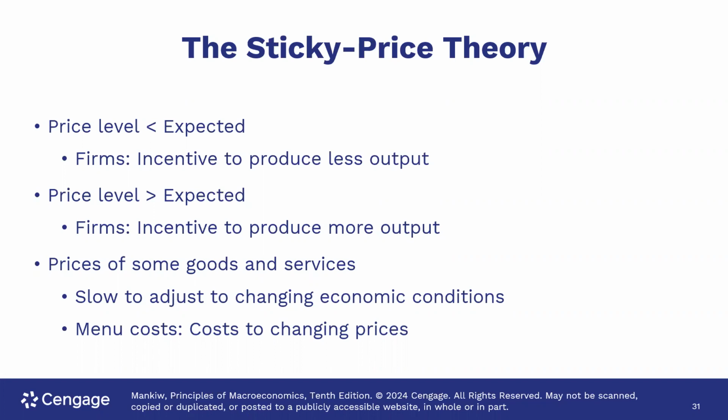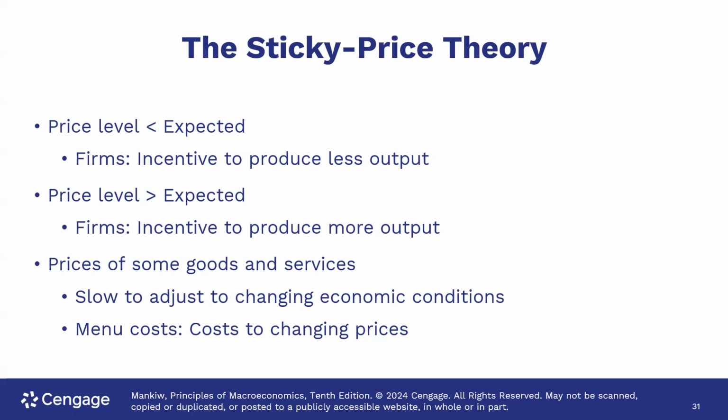When the overall price level becomes higher, then for those firms that cannot change price, their product becomes cheaper, and then it means a higher demand for their goods. So it gives them an incentive to produce more, right?